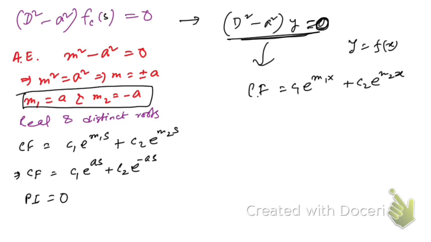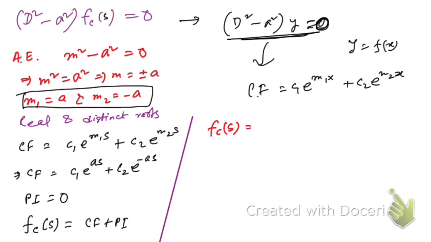So the complete solution is given by CF plus PI, so it can be equal to C1 e to the power as plus C2 e to the power minus as, and PI is 0 here. So this is the solution we should get, right?